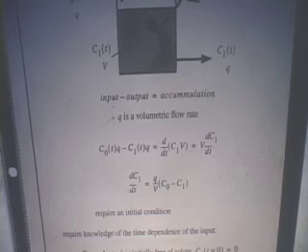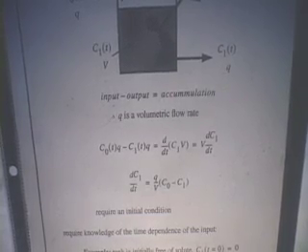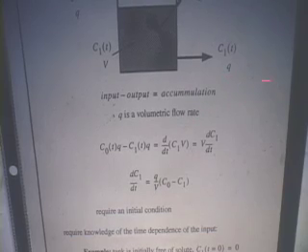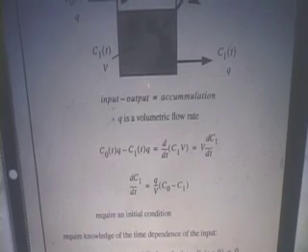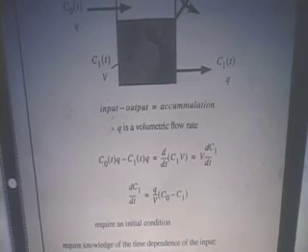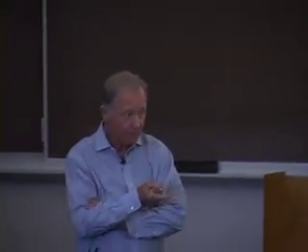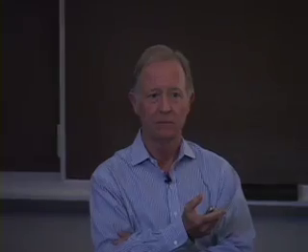Now, we don't have reaction in here, but let's imagine I had reaction. In the case of this being a drug, what would the reaction correspond to? What can happen to the drug? Metabolize it.